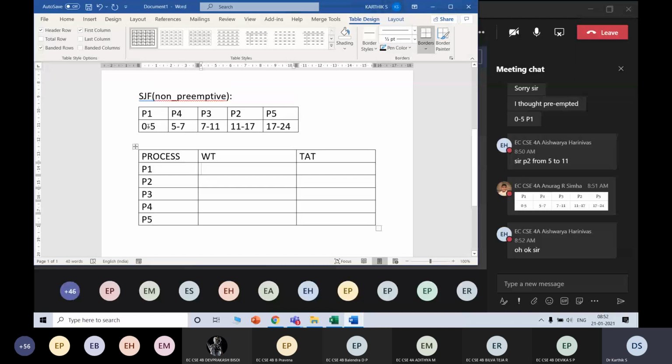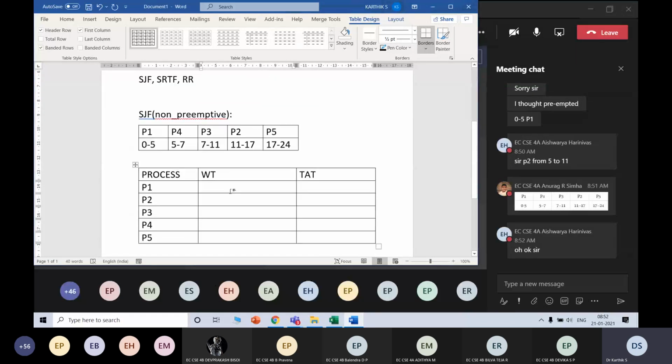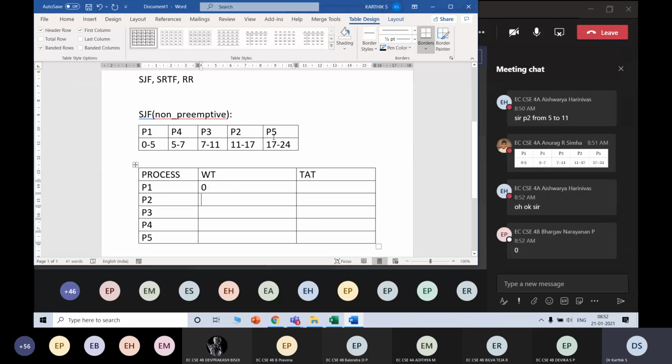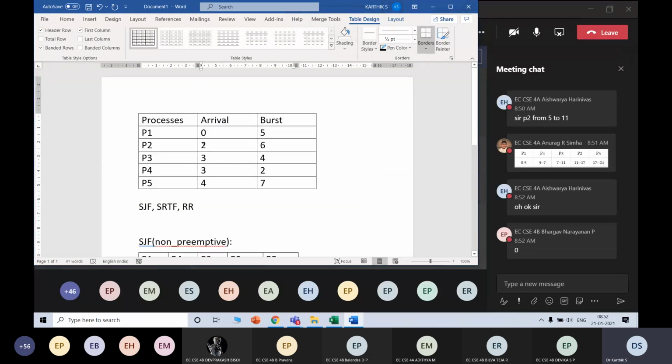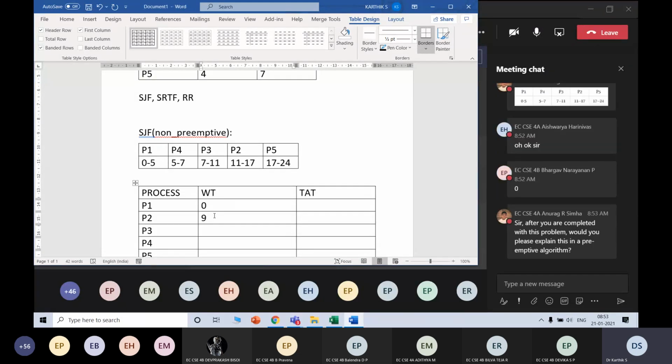It started its execution at time 0 and it arrived at time 0, so the waiting time of process P1 is 0. Process P2 starts its execution at the 11th millisecond and it came at the 2nd millisecond. So in between 2 to 11, that is 9 milliseconds, it was waiting. So the waiting time of P2 is 9.